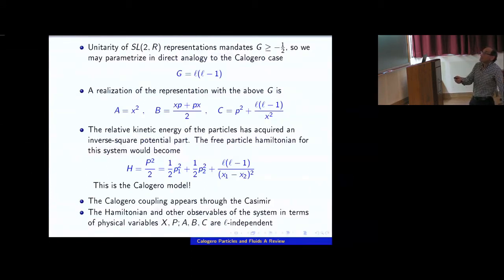In fact, you can parameterize this Casimir this way, and it tells you that the properties of the quantum system are determined by what value you choose here. You can realize these operators A, B, C in terms of three, so to speak, fundamental variables x and p like this.